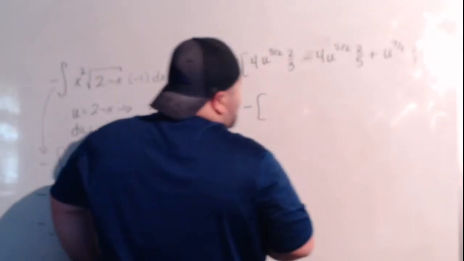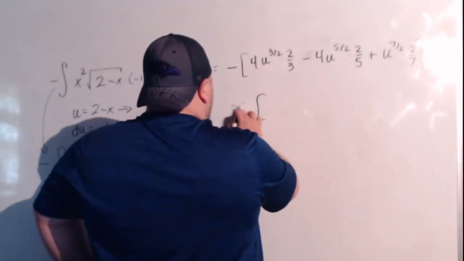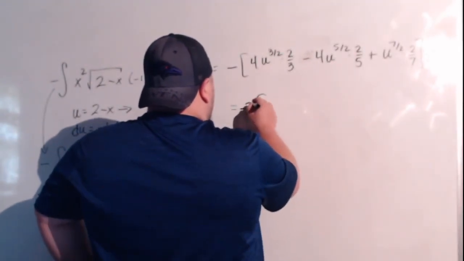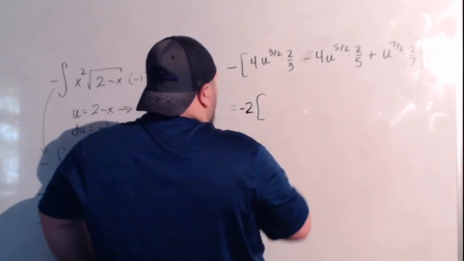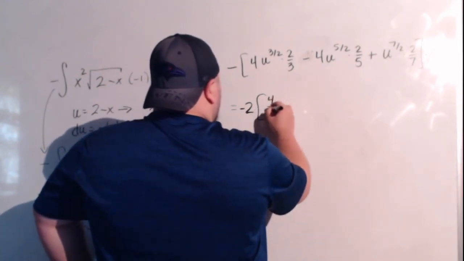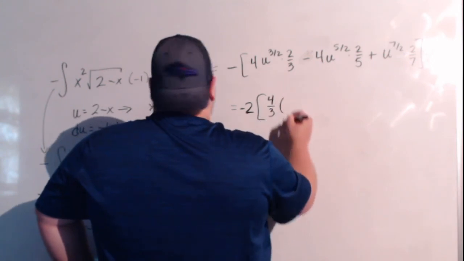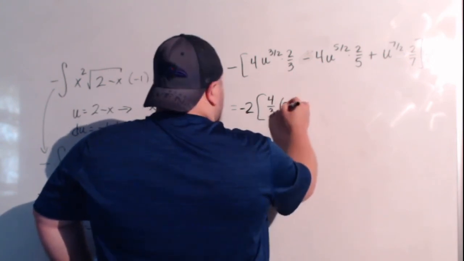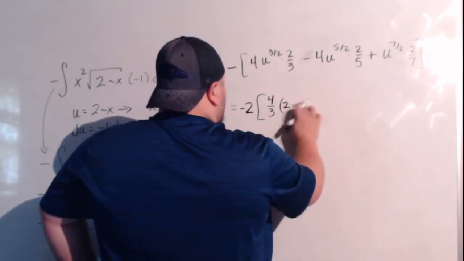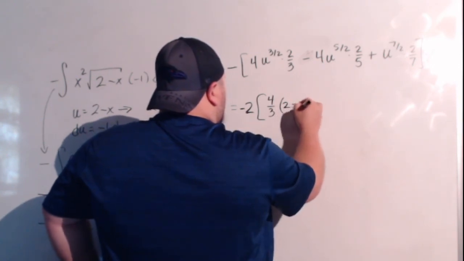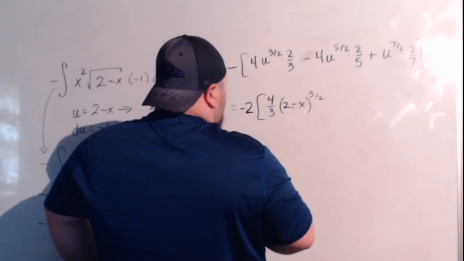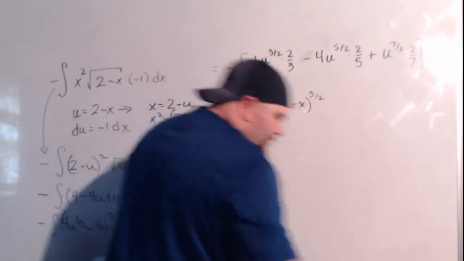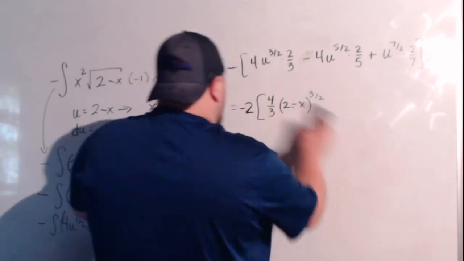I think I'm going to factor out a 2 out of the whole thing. So this is going to be 4/3. And u is equal to 2 minus x. Actually, let's factor out a u to the 3/2 as well.